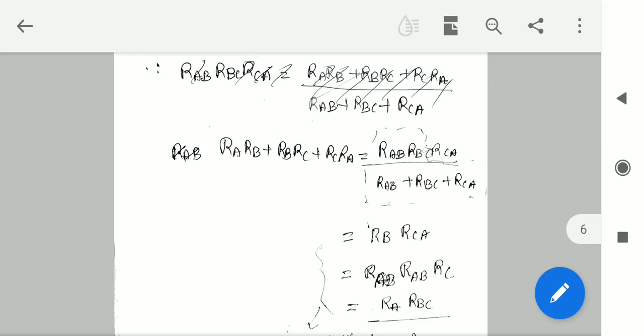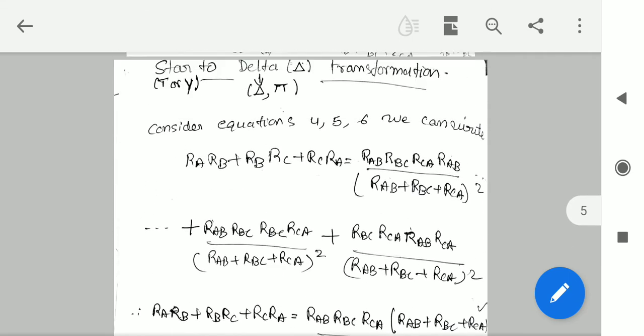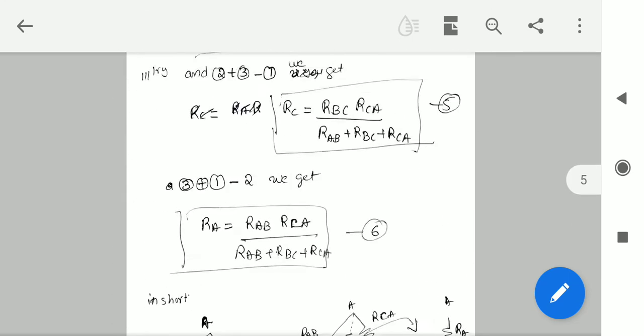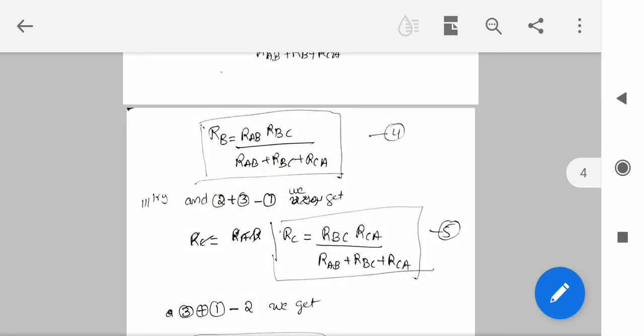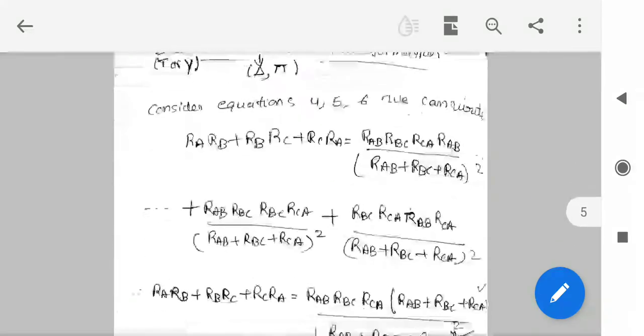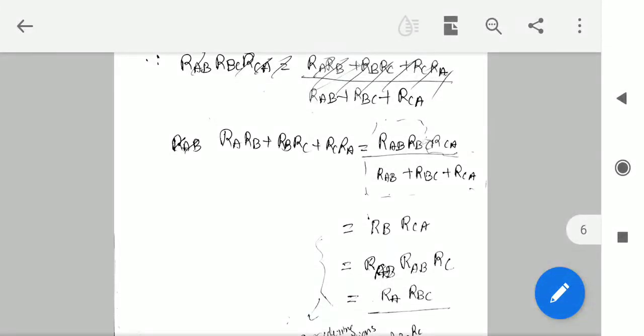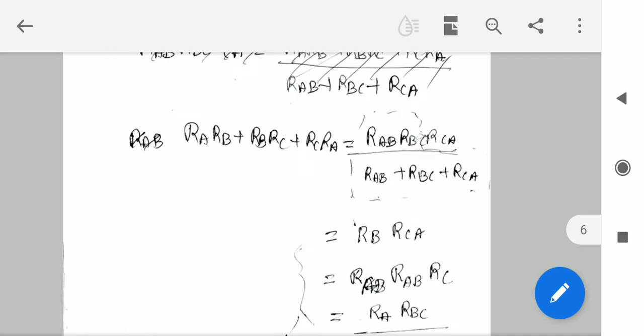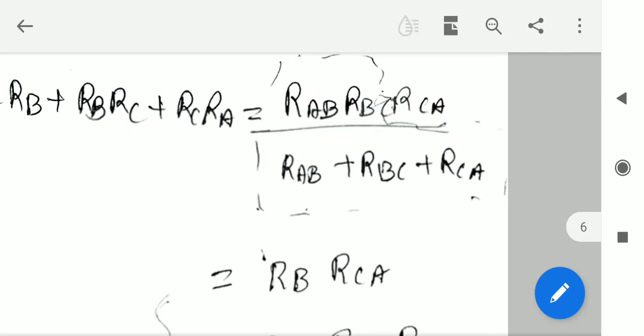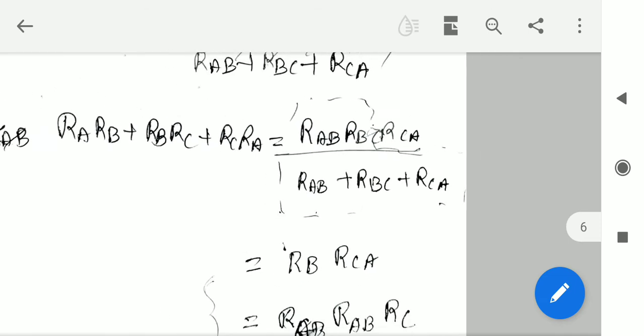If we group RAB, RBC and the denominator, it is nothing but the expression of our RB. The expression of RB is RAB into RBC divided by the sum of the resistances. So I can replace it by RB and the remaining term is RCA. These two terms in the numerator and the denominator can be grouped as RB into RCA.